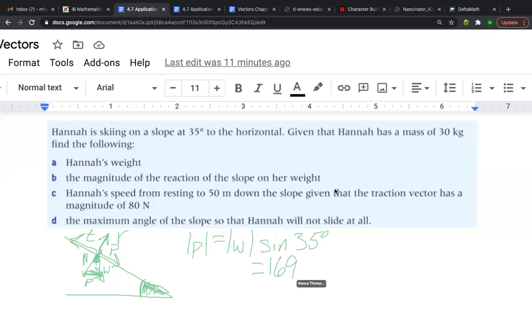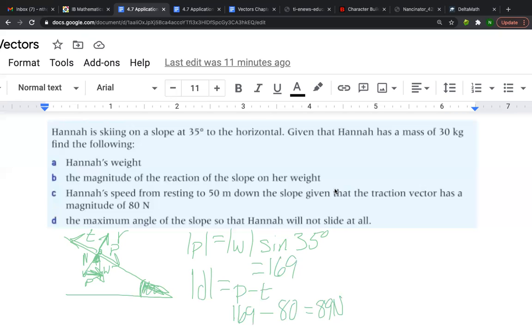Okay, so then the next piece of information that we have is that the magnitude of her force is going to be P minus T. We know that P in this case we just found was 169, and they tell us the traction is 80 newtons. So then it comes out to be a net force of 89 newtons.